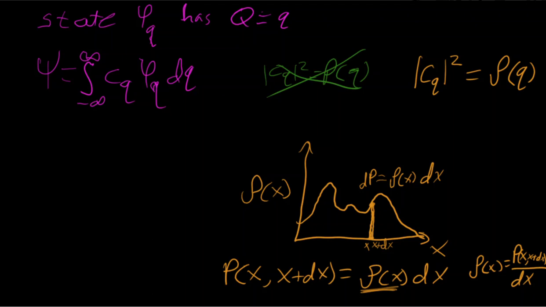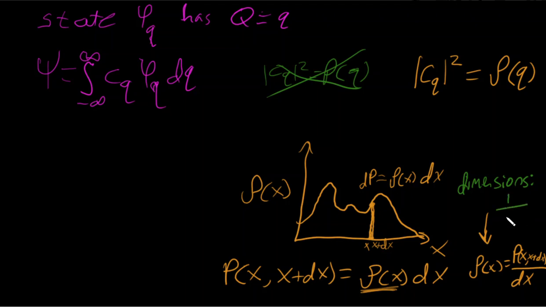And if we also notice the dimensions of this, the probability density has the dimensions of, I'll redo this, because if you remember, probability has no dimensions. Probability is a ratio, so it's dimensionless.